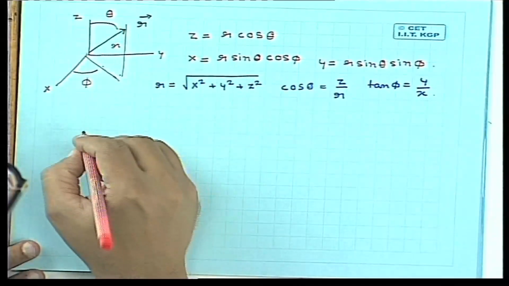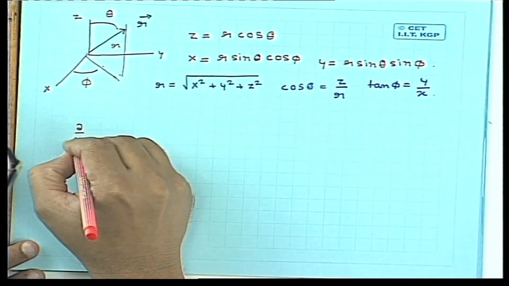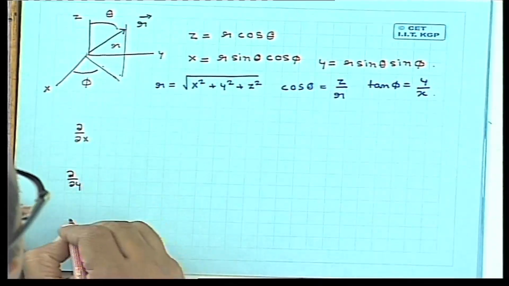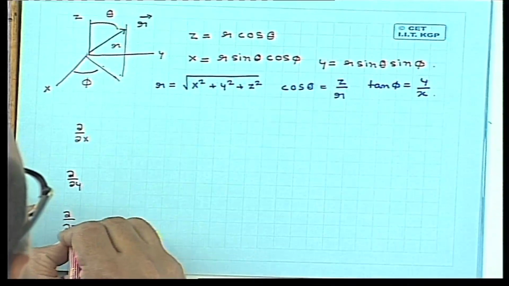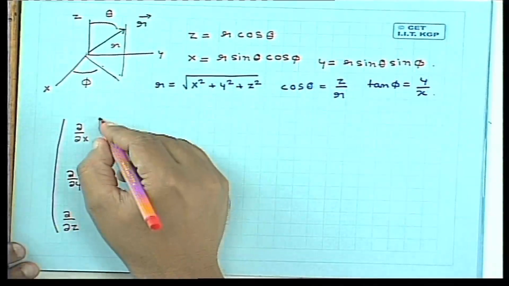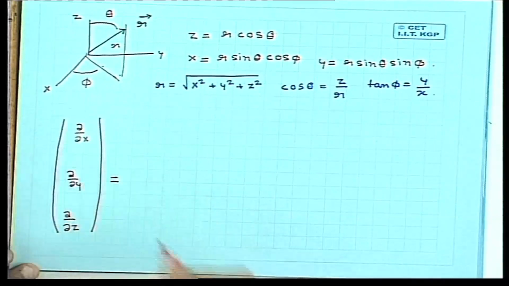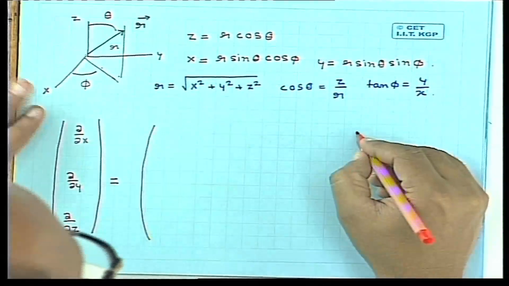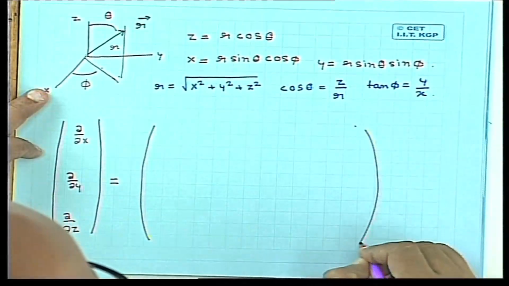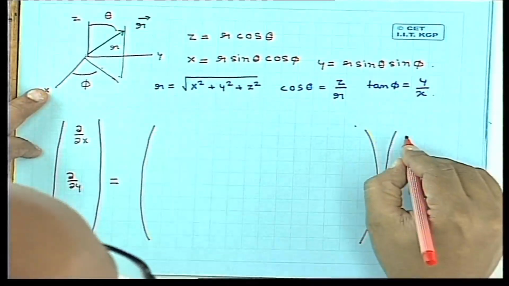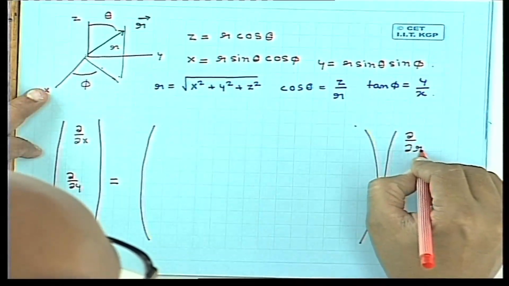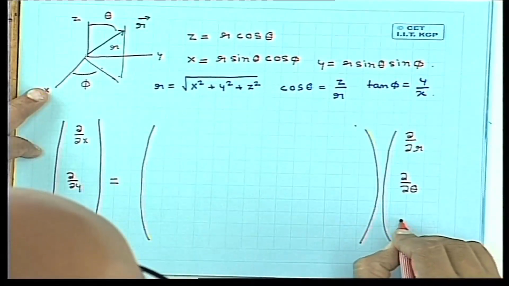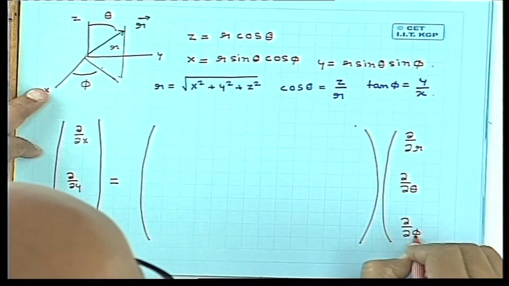We can write the whole relation as follows: del del x, del del y and del del z is equal to a big 3 by 3 matrix over here into del del r, del del theta, del del phi.